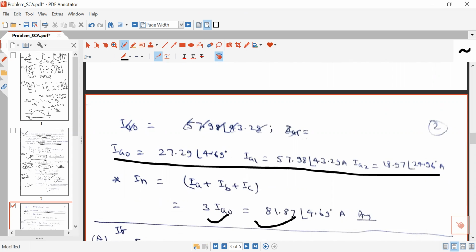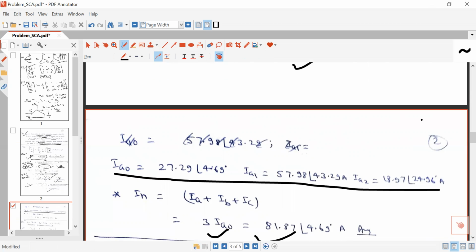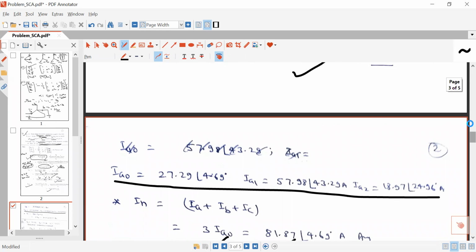So if you have an idea of the analysis and synthesis matrix, or you can say analysis or synthesis equation, then you can solve the problem related to symmetrical component analysis.